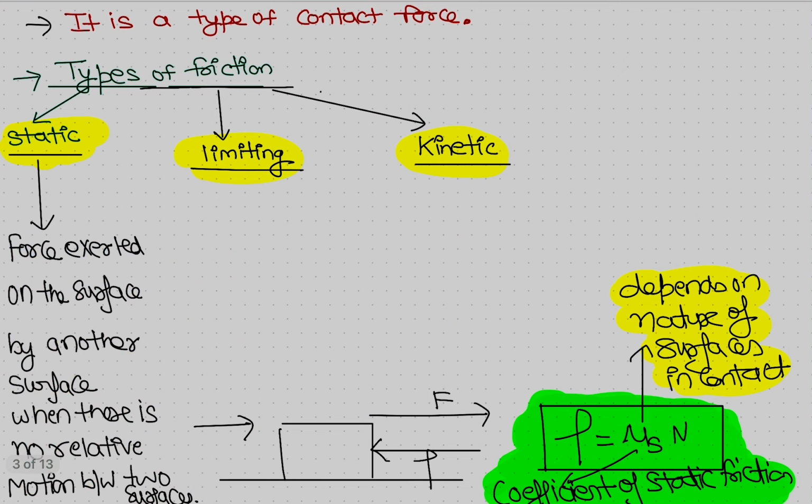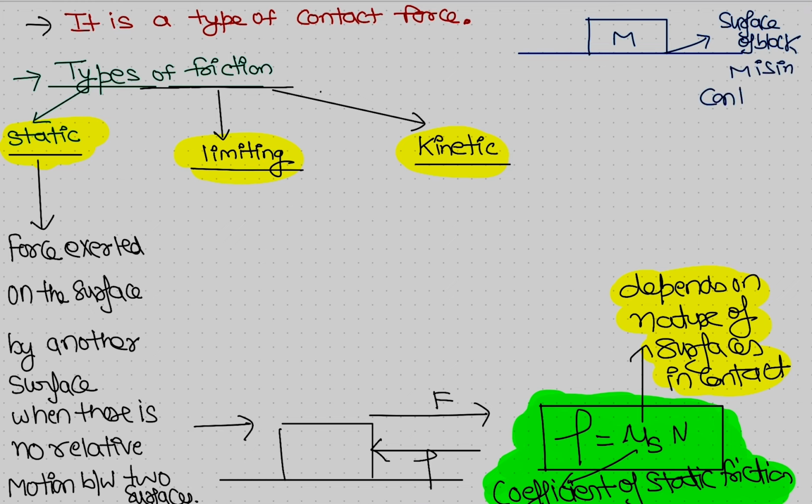It is a type of contact force. Contact means the surfaces of two objects must be in direct contact like this. Surface of block M is in contact with surface of floor, right?